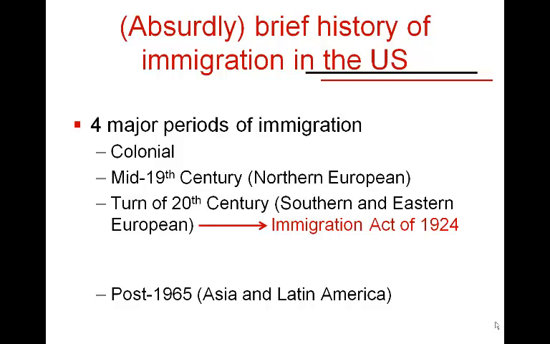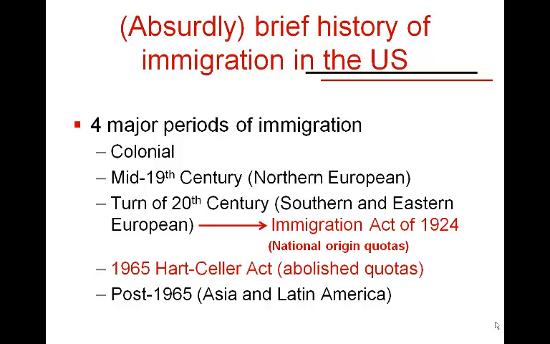This had the effect of really restricting immigration from what was, at that time, considered highly undesirable immigrant streams from Southern and Eastern European countries, and effectively prohibiting further immigration from other countries in Asia that had begun making some inroads in terms of smaller immigrant streams prior to that. This system of national origin quotas remained in place until the Hart-Celler Act of 1965, which abolished quotas.